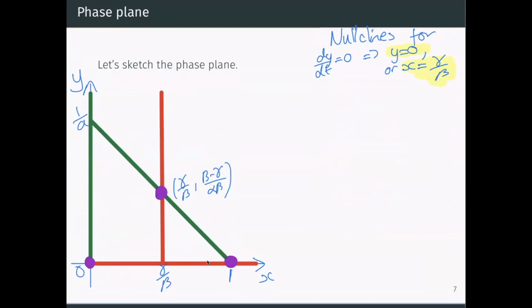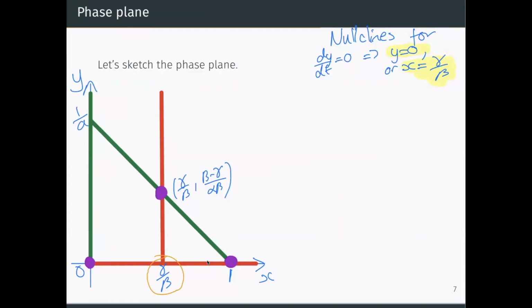The reason is that if beta is greater than gamma, then gamma over beta must be less than 1. So that means that the red null line exists between 0 and 1, and therefore this red vertical null line intersects our green diagonal null line.